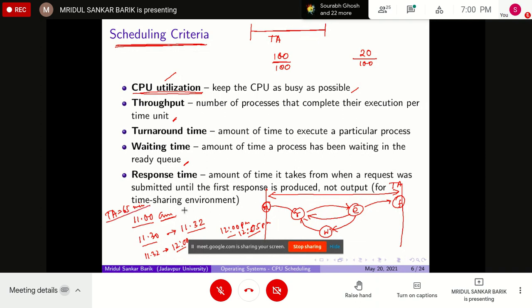And among these, what was the waiting time? Waiting time was from 11 to 11:30, so 30 minutes. Then 11:32 to 12, so 28 minutes. So in total 58 minutes you had to wait.